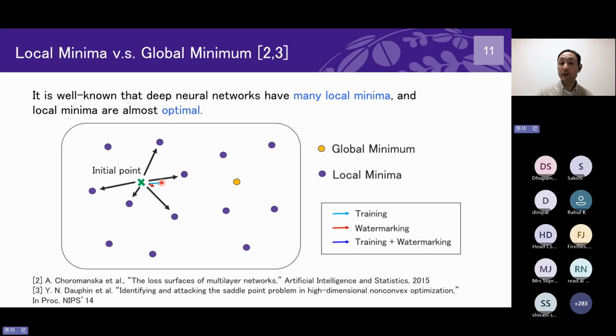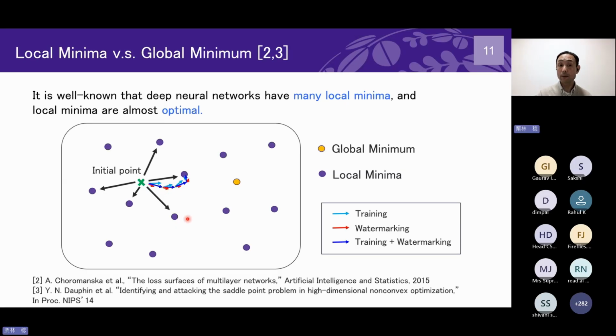But by introducing the watermark embedding operation, it slightly modifies the vector to the other direction. As a result, the training plus watermarking will be moved towards this direction, for example. Then, after some epochs, this training phase will converge to a certain local minimum.